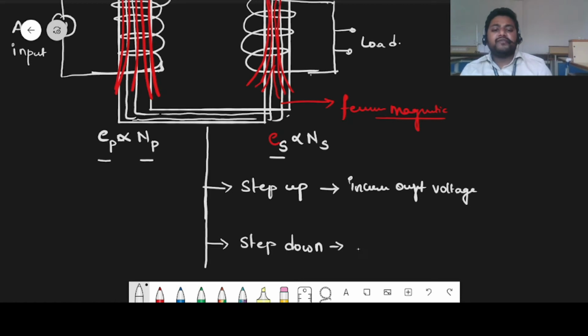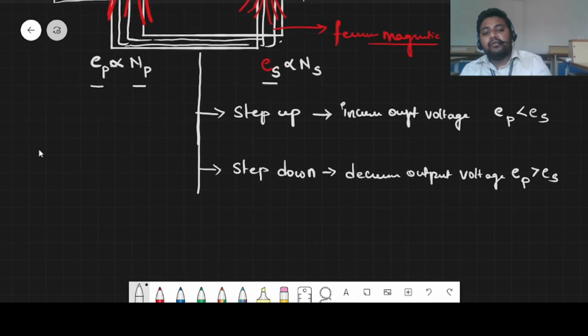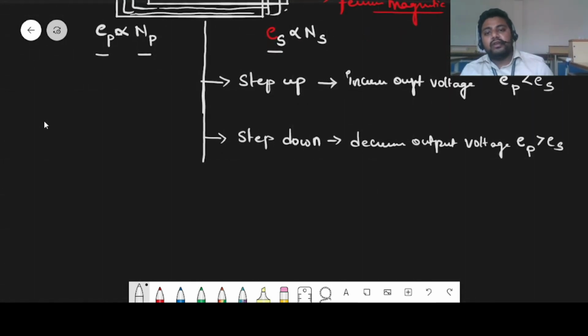And in the step down transformer, the main function is to decrease output voltage. That means here EP will be lesser than ES. In this, EP should be greater than ES. So we are stepping down, we are decreasing the output voltage. In general, you can write from this EP by ES is equal to NP by NS.